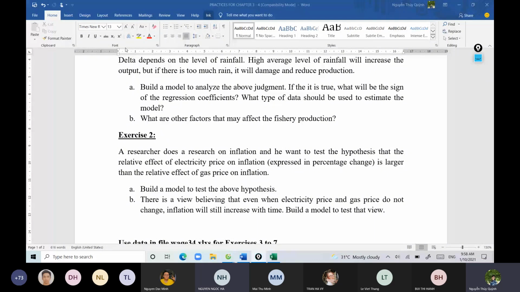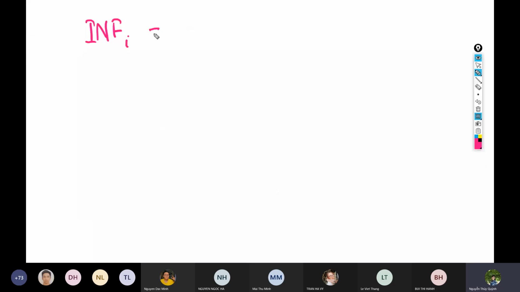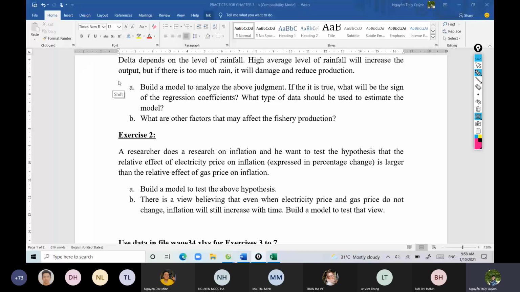All right. So inflation I is equal to. What will be our independent variables here? What are the independent variables of this model?